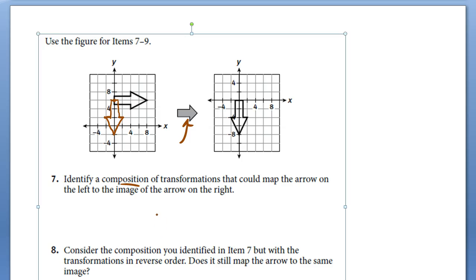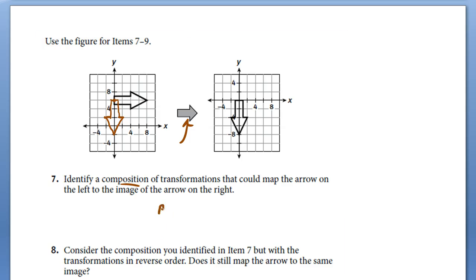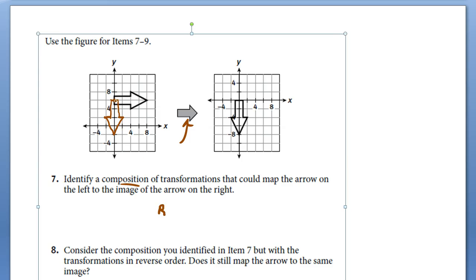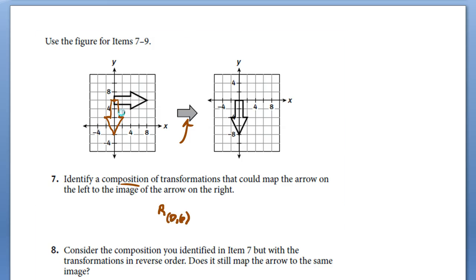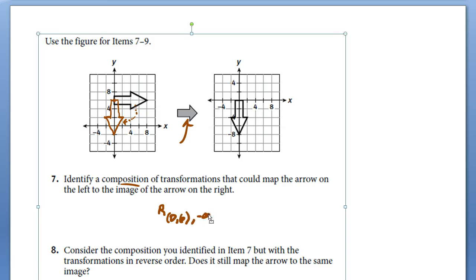And so our first step might be to do a rotation around that point. That point is 0, 6. And the rotation that I did was to turn it clockwise 90 degrees. So negative 90 degrees.